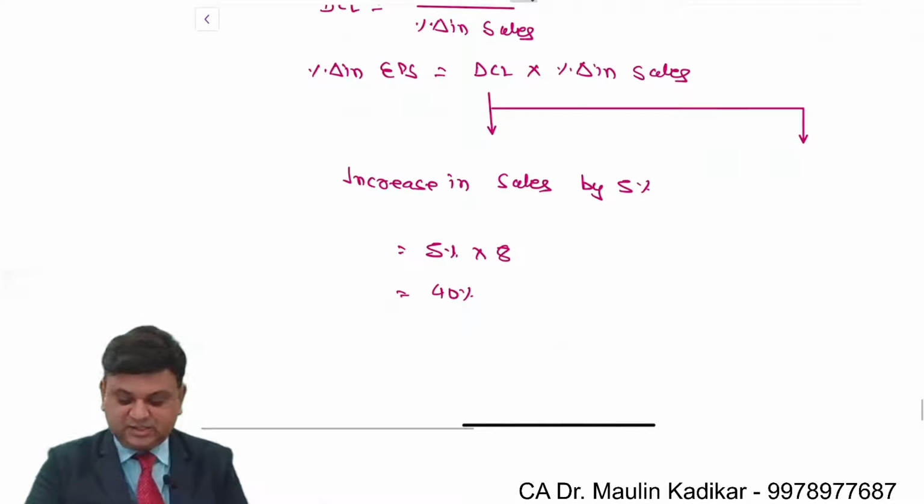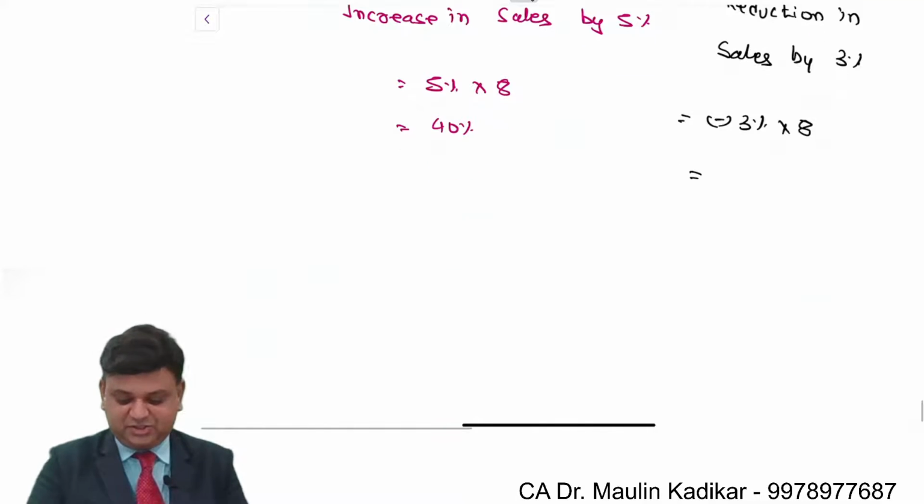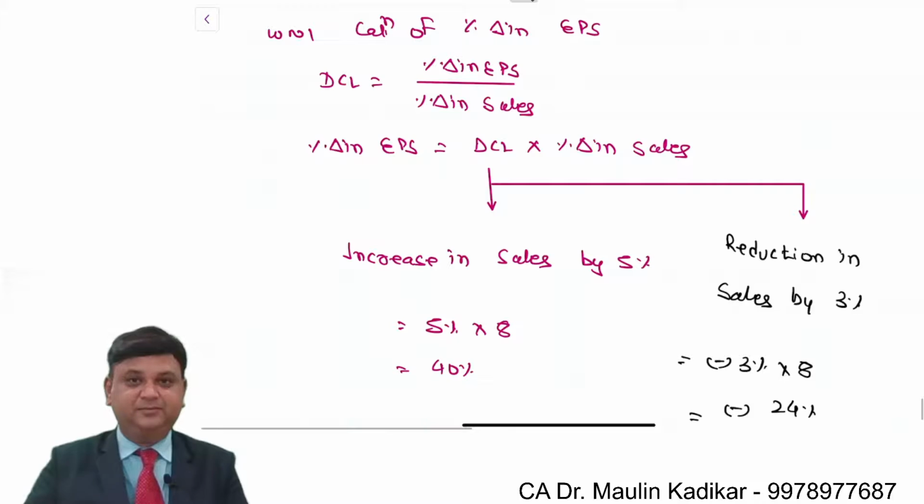And there is a reduction in sales by 3%. So negative 3% into 8 comes to negative 24%. So first of all, we compute the percentage change in earning per share.